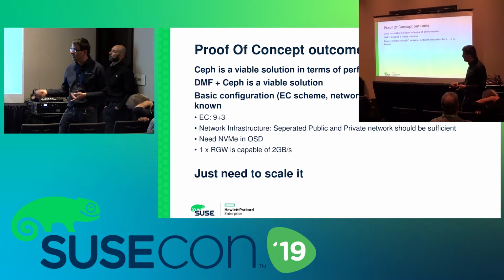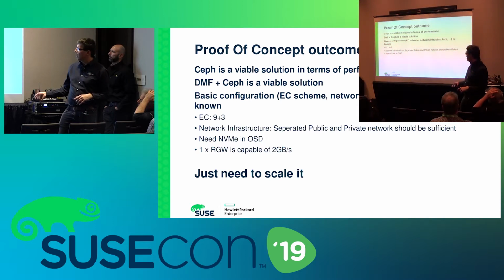So the erasure coding scheme, we knew that, network infrastructure, and so on. Okay? So we went for erasure coding 9.3. For network infrastructure, we did separate public and private. So in Ceph, we can have both, and we decided it was better to separate them to have the best performance.